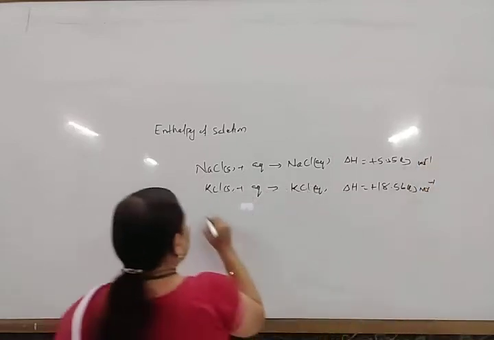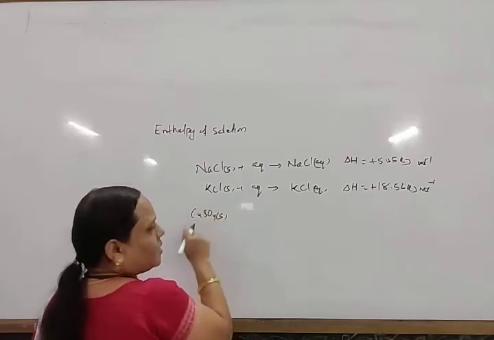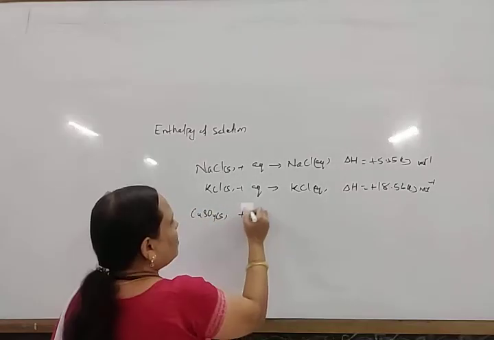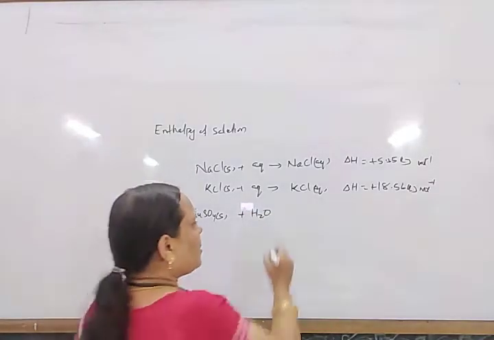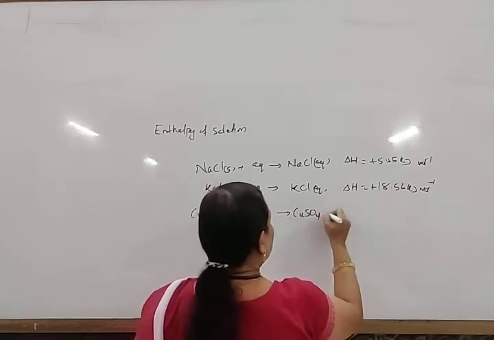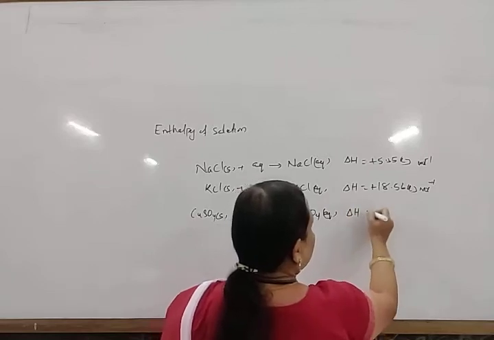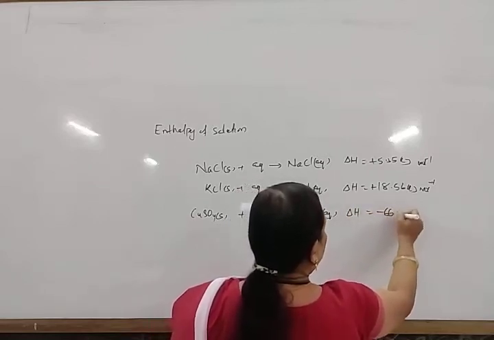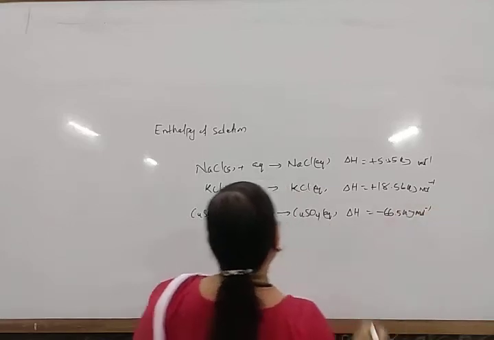Similarly, anhydrous copper sulfate CuSO4 plus excess of water gives CuSO4 aqueous solution, and here ΔH is minus 66.5 kJ mol⁻¹.